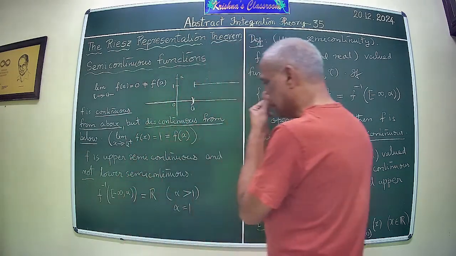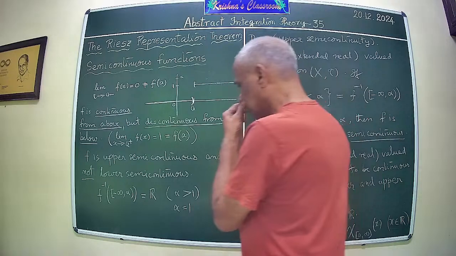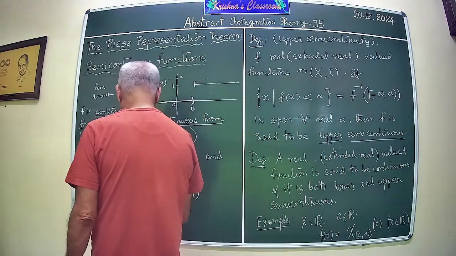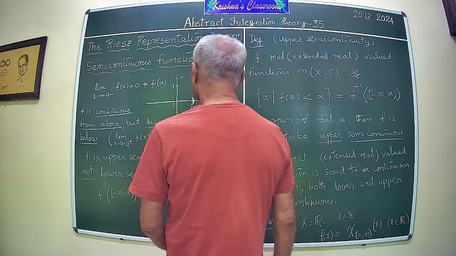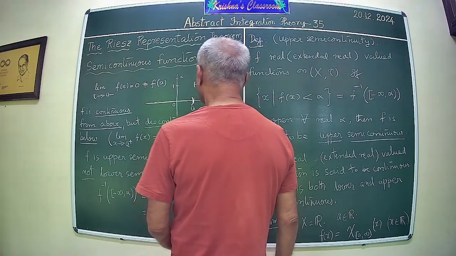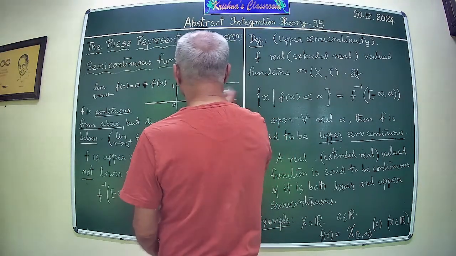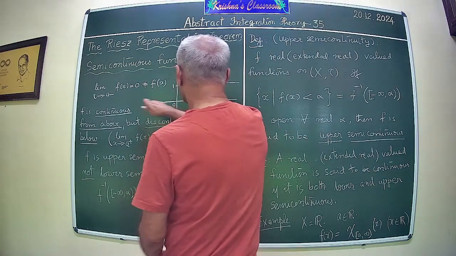Suppose alpha is equal to 1. Then this is going to be what? See, this portion is excluded, so it is only this part that comes.